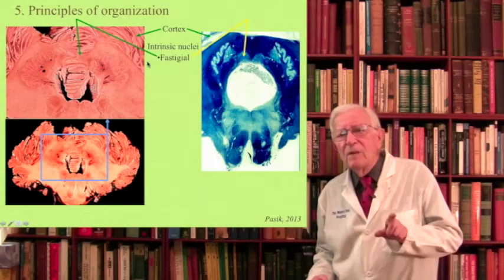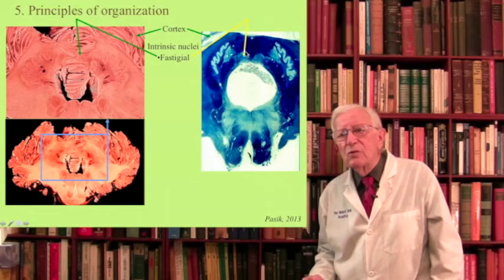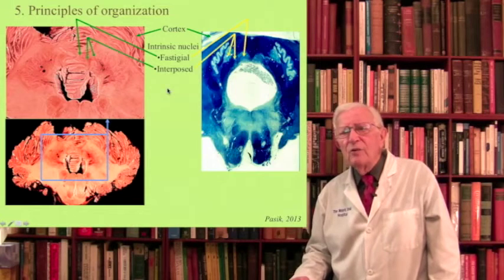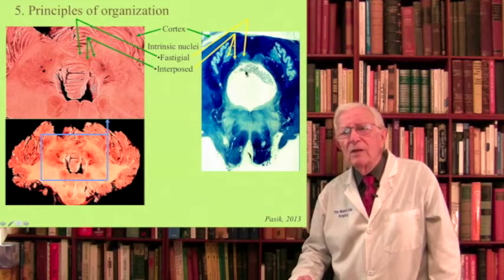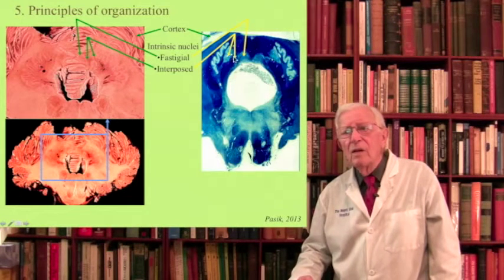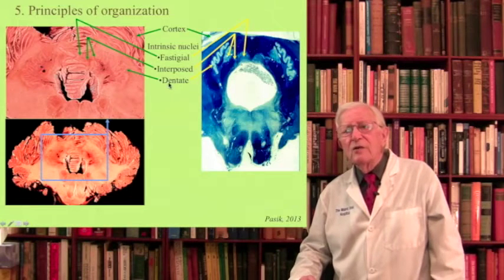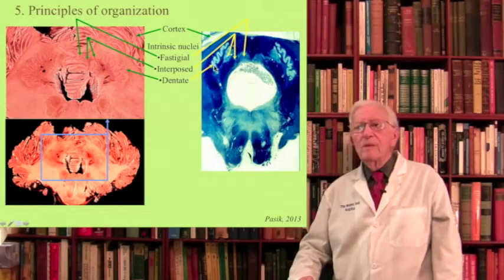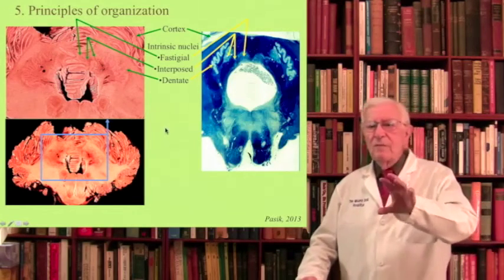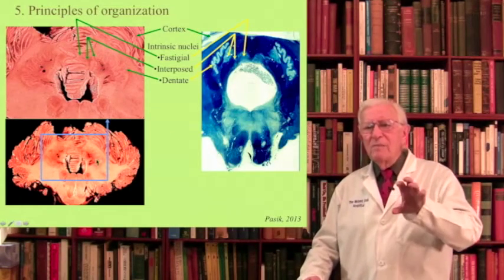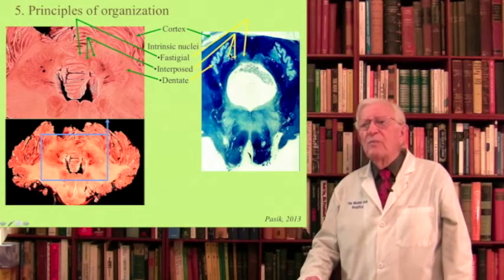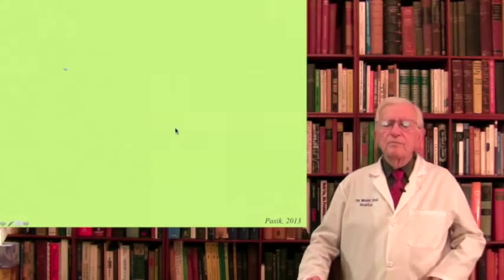The midline one, which is shown very well here, is the fastigial nucleus, all right? And then you have the interposed nuclei here and here. And then more laterally you have this convoluted one that is the dentate nucleus. So the cerebellum has a cortex, has a white matter underneath, and embedded in the white matter, the fastigial, interposed, and dentate nuclei.